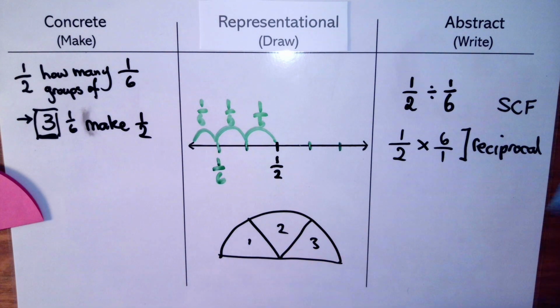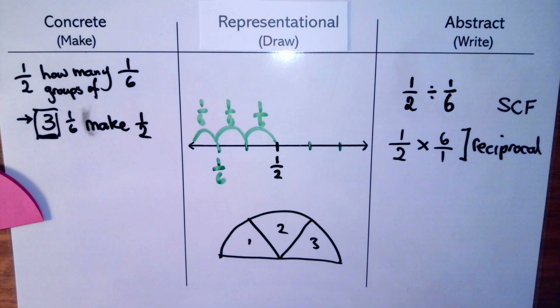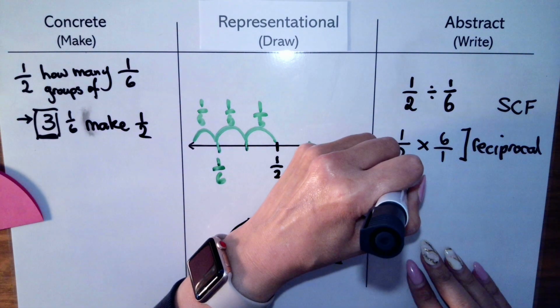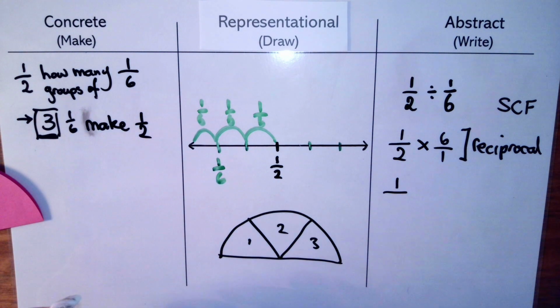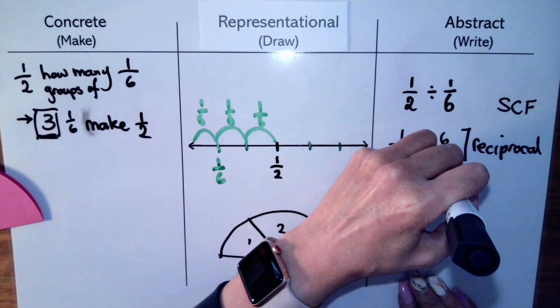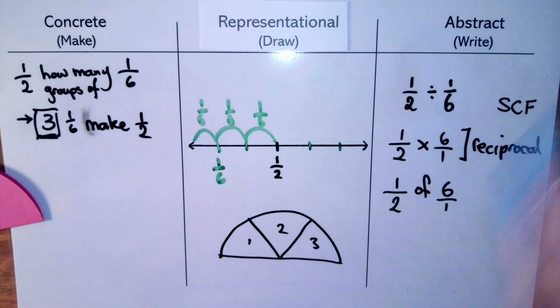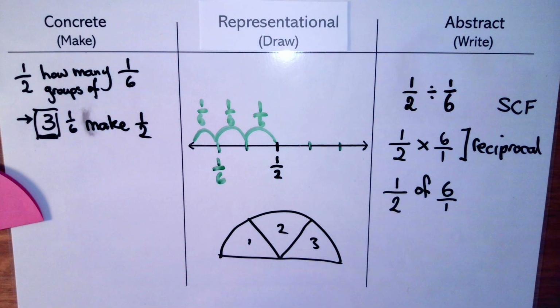Now, the reason we change this sign to a multiplication is because I am changing the form I'm seeing this as. If I am trying to say how many 1/6 will fit into, or make up, my 1/2, what I'm actually saying is 1/2 of my 6 pieces of my whole. 1/2 of that 6.